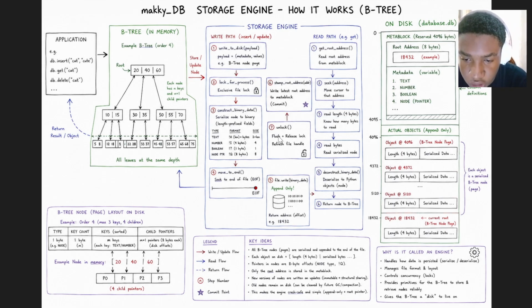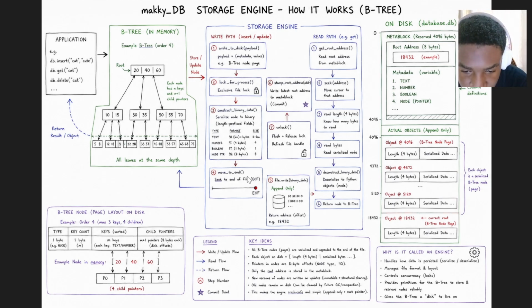Then it will check what type of data it is from here in this construct, because we want to serialize the data here. So we'll check whether it's a text, a number, a boolean, or a null pointer.